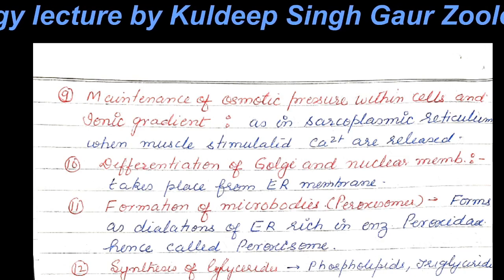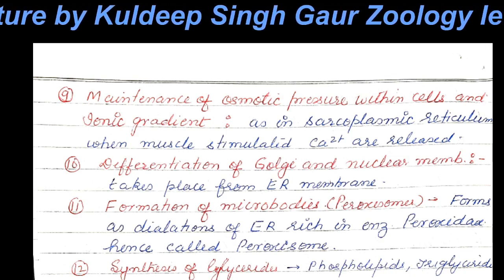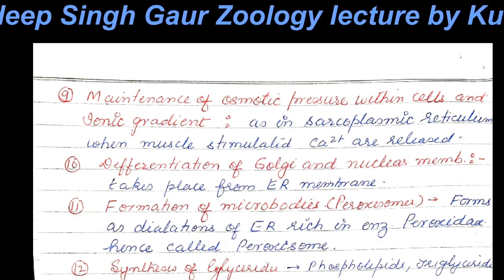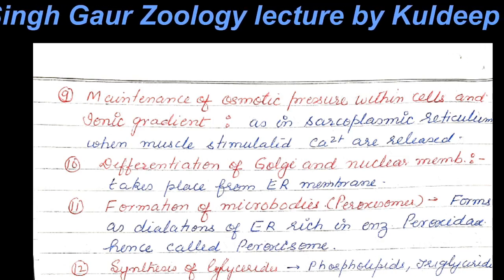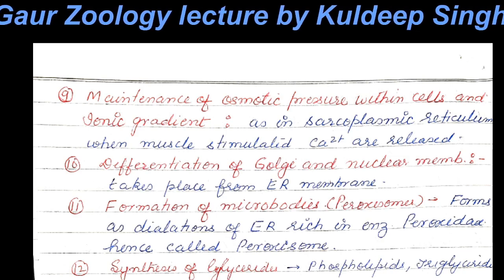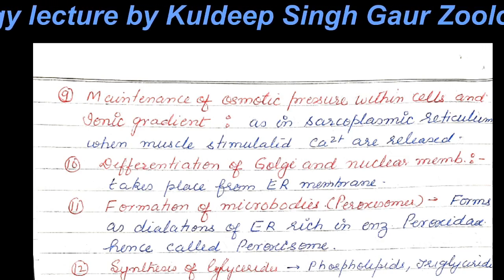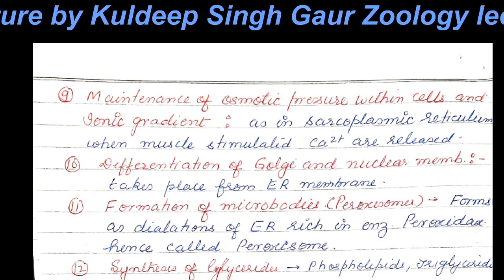As in sarcoplasmic reticulum, when muscle gets stimulated, calcium ions are released. The differentiation of Golgi and nuclear membrane takes place from endoplasmic membrane itself.